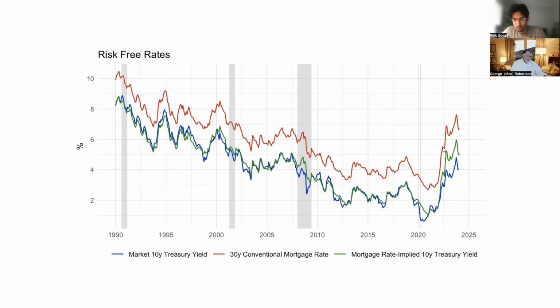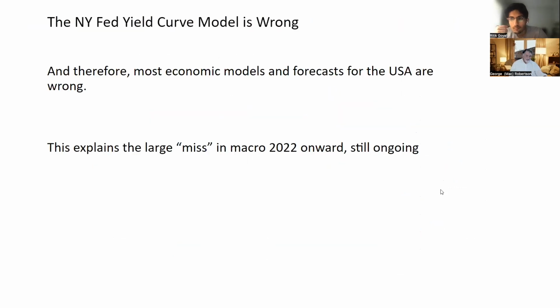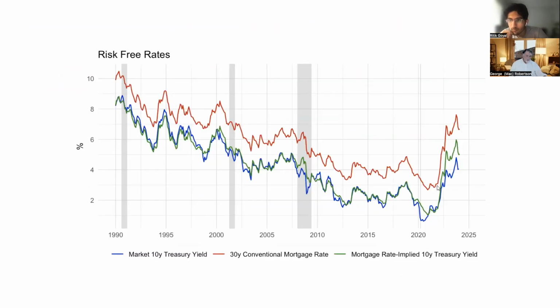The mortgage rate has to respond to the actual reality of the economy, because people are out there buying and selling houses and being able to borrow money and so on.